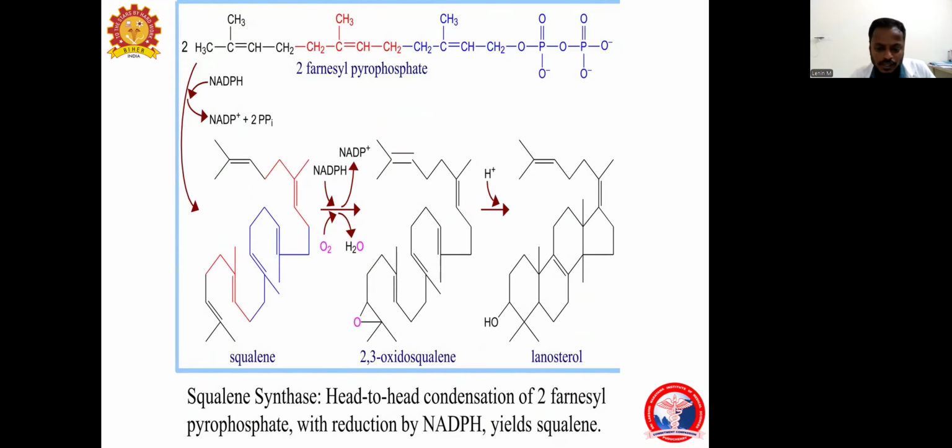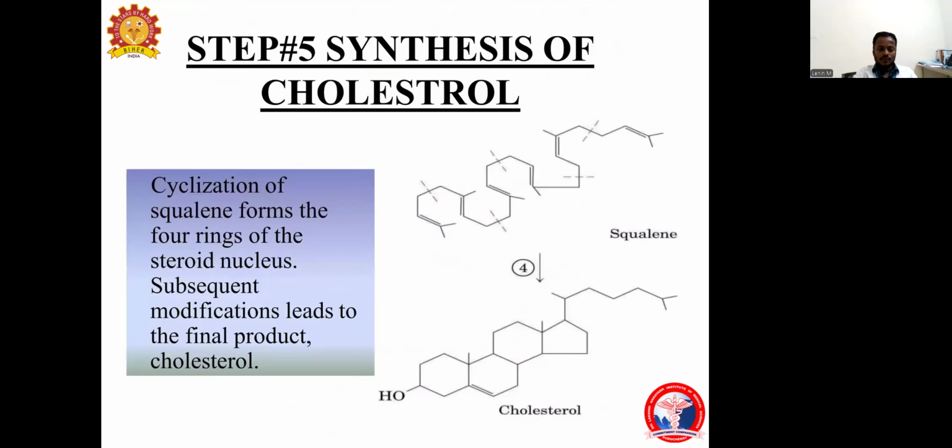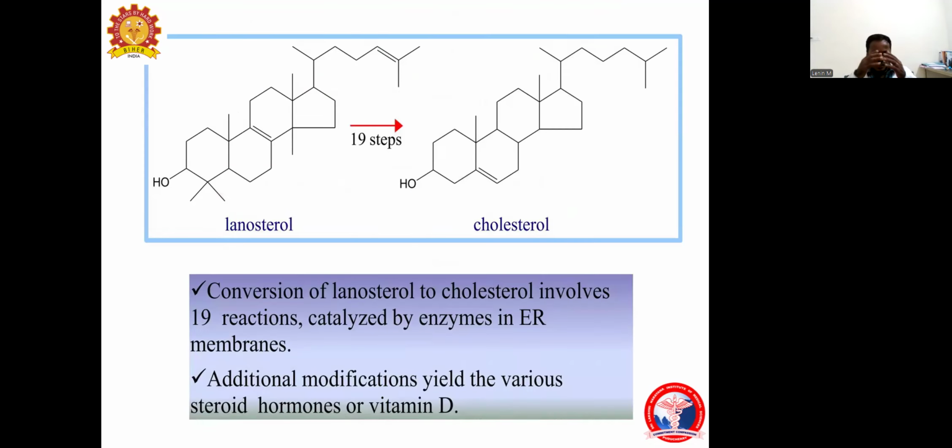From the squalene, lanosterol is formed, through head-to-head condensation of two farnesyl pyrophosphates with reduction by NADPH yielding squalene. From squalene, it is converted to lanosterol, and from lanosterol it undergoes 19 steps, after which cholesterol will be formed, and this is the most important thing.